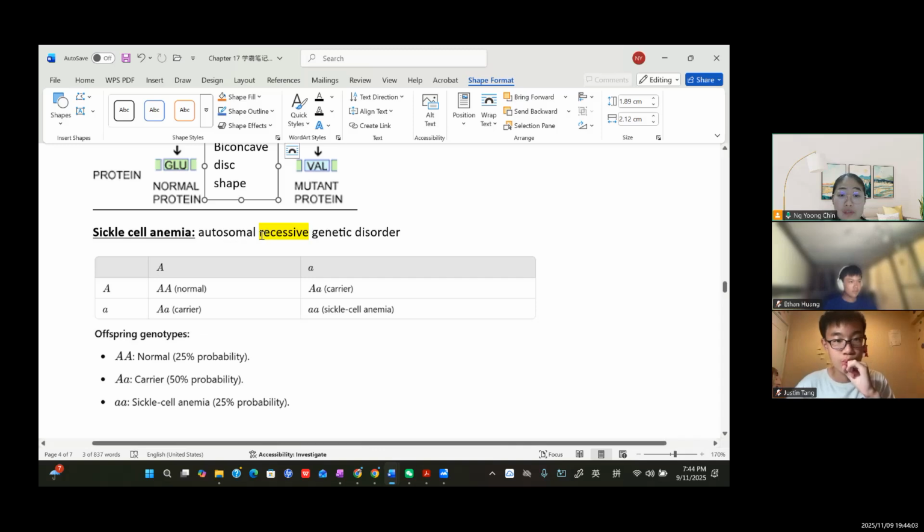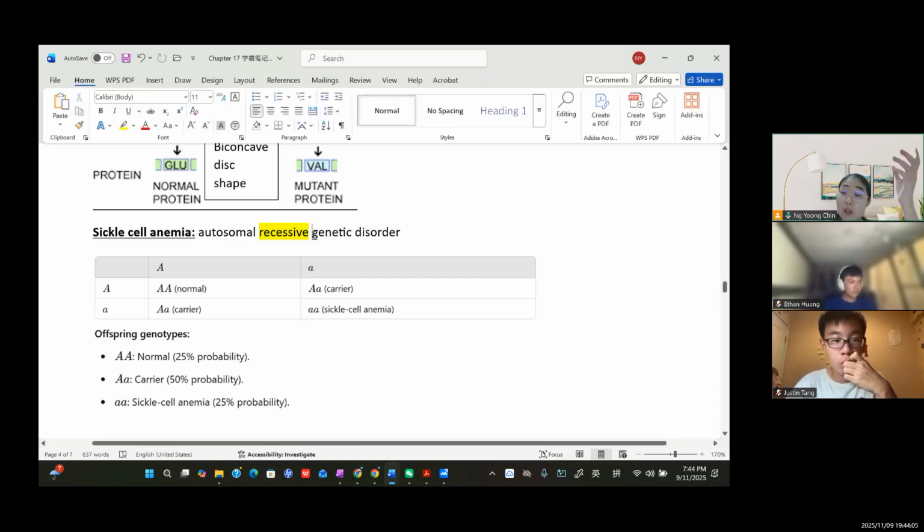And recessive: you have dominant genes and you have recessive genes. Dominant genes are genes that can express themselves. Recessive genes have a very weak expression, so they can be easily suppressed by other genes.